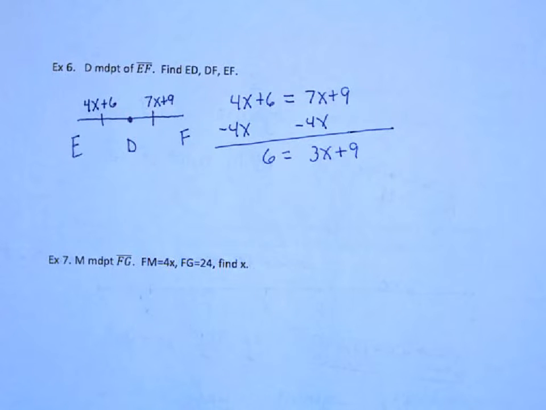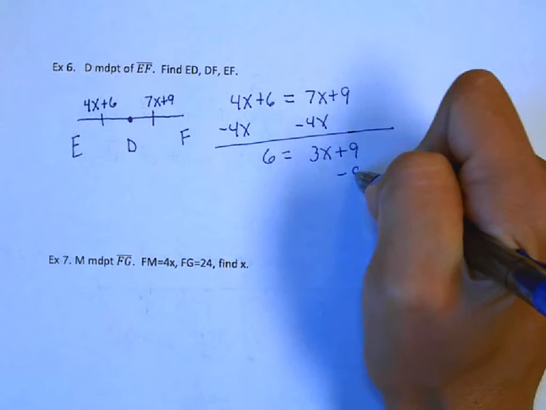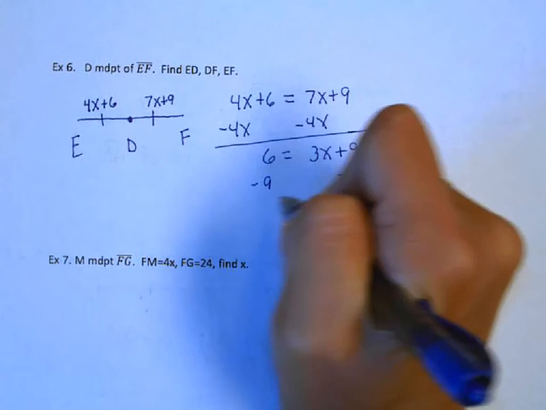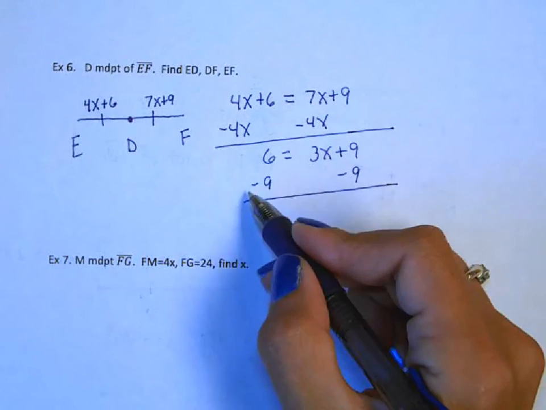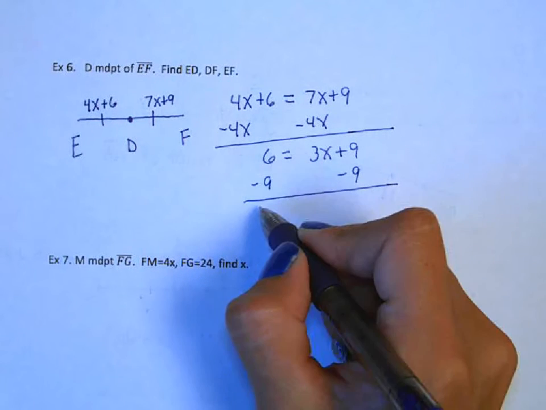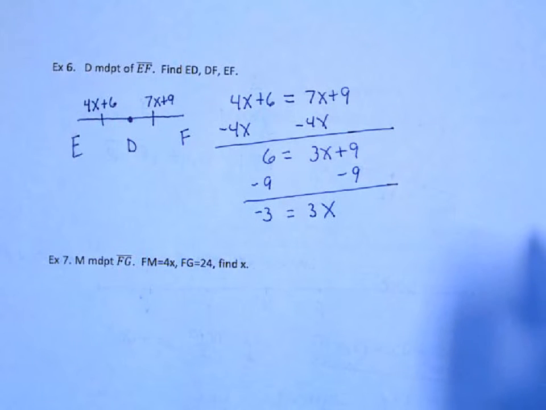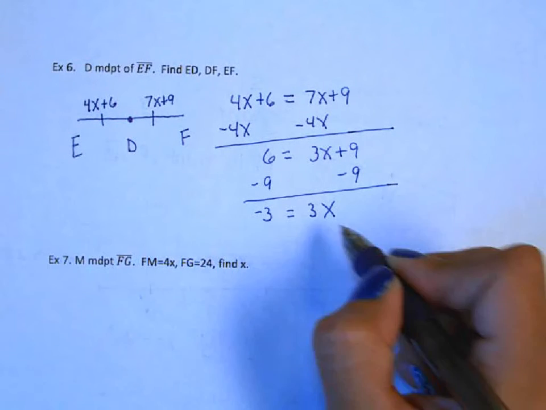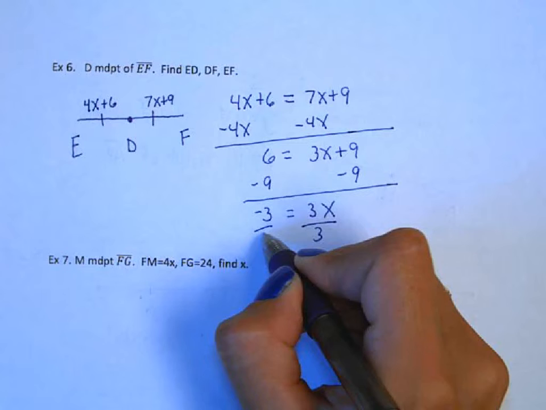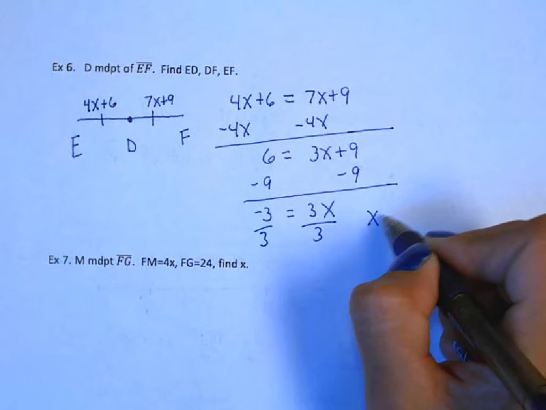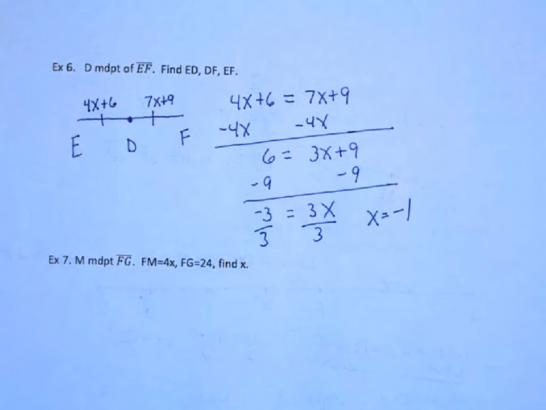Holly, what's next? Perfect. What's 6 minus 9? Negative 3 equals 3x. Now what? Last step. Divide by 3. X equals negative 1.